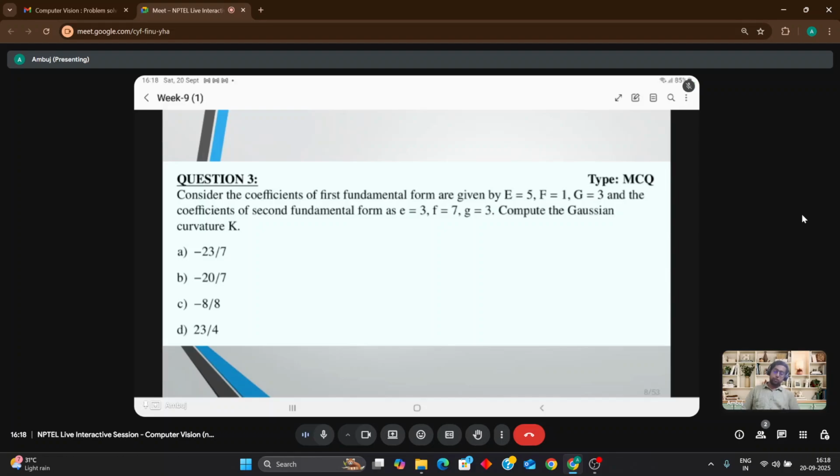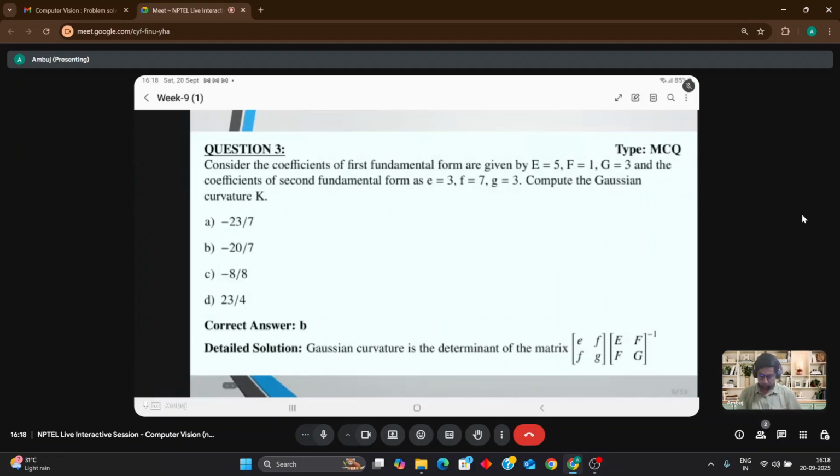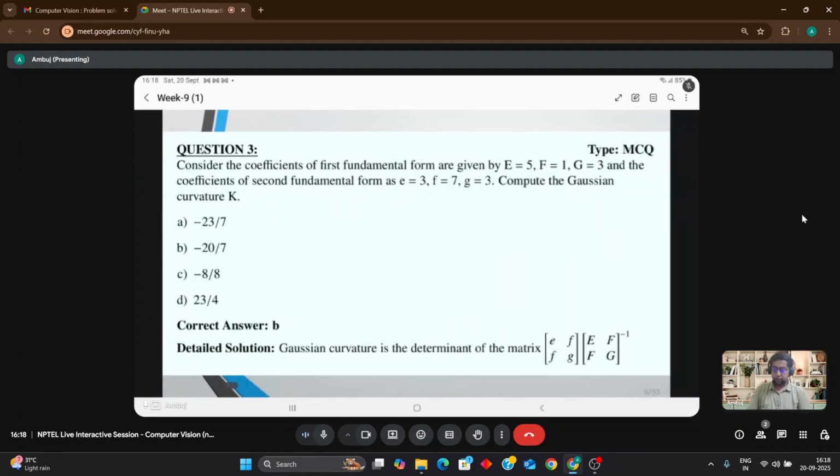We compute the Gaussian curvature K. Now we try to see that Gaussian curvature is related to the determinant of the matrix of capital E, capital F, capital F, capital G.